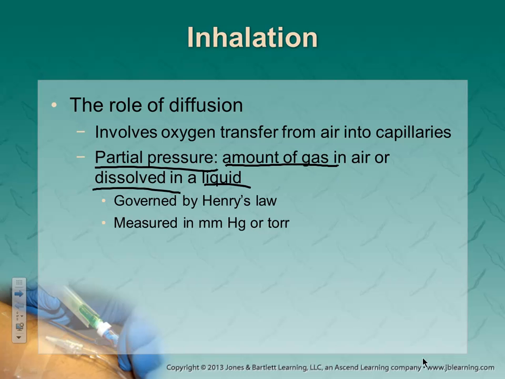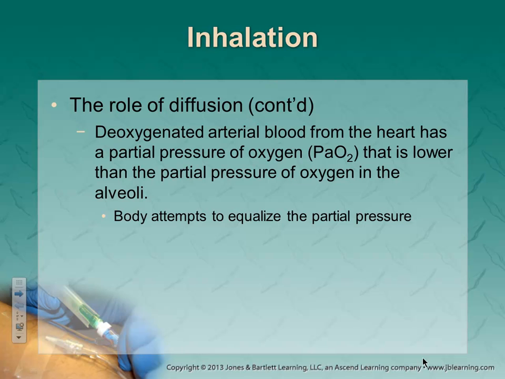These are measured in mmHg. What is mmHg? Millimeters of mercury. Deoxygenated blood from the heart has a partial pressure of oxygen that is lower than the partial pressure of oxygen in the alveoli. And so this kind of goes back to the laws there. Why?